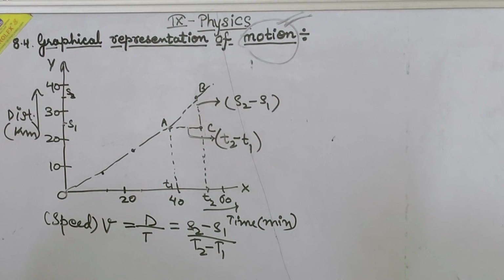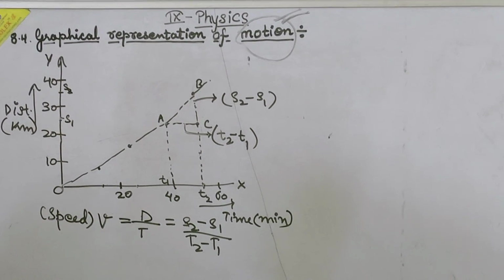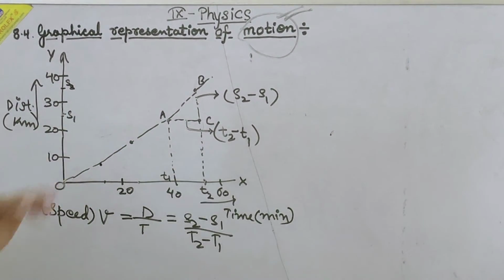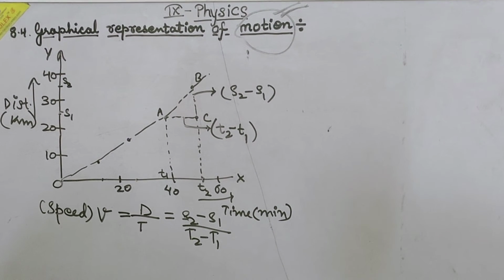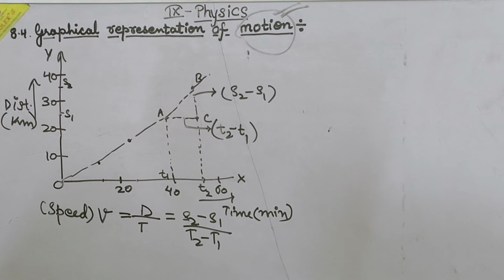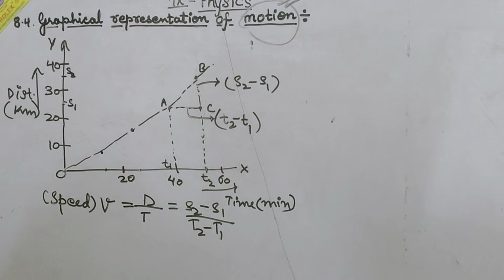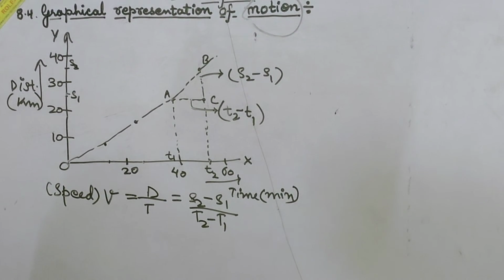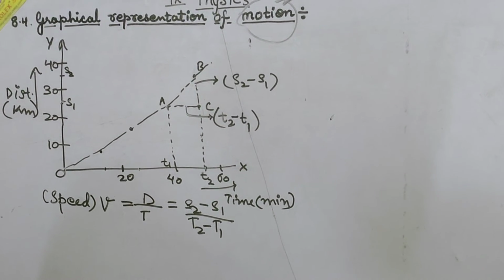We can also plot the distance-time graph for accelerated motion, for example a car in a time interval of 2 seconds. So there is another distance-time graph for a moving car with non-uniform speed.